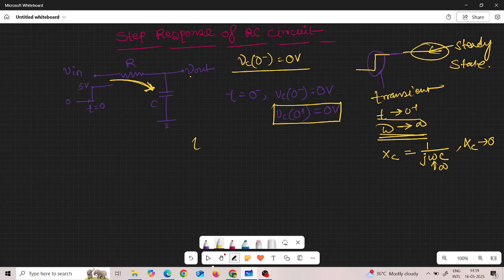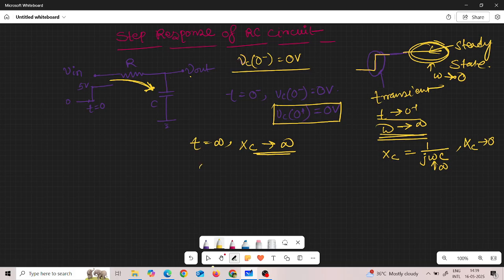Suppose at t is equal to infinity, what happens? The input achieves steady state. There is no fluctuation in the input, so you can say its frequency tends to 0. In that case, Xc tends to infinity. So the capacitor acts as an open circuit and the total voltage will drop across the capacitor.